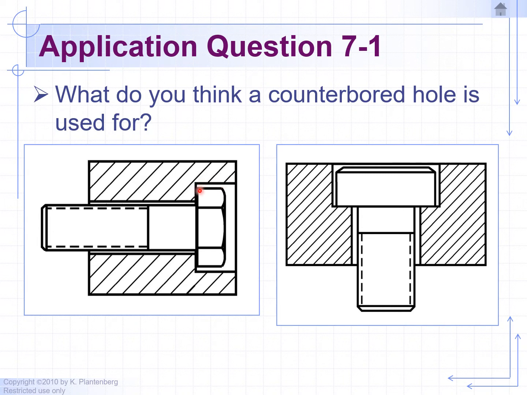And here's another example of a counterbore hole. The head of this bolt is slightly even lower. You don't want it flush. If possible, just make it slightly lower than the top of the plate. And typically a plate will bolt on to another plate. So typically you'll have another plate that it bolts onto.